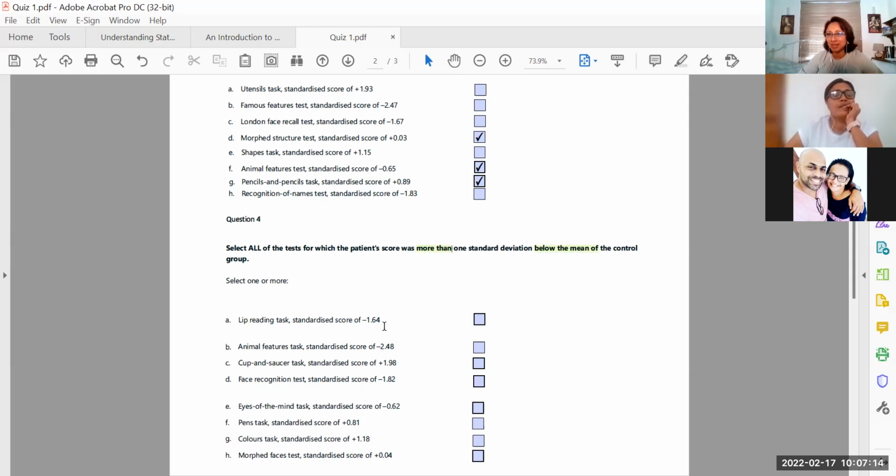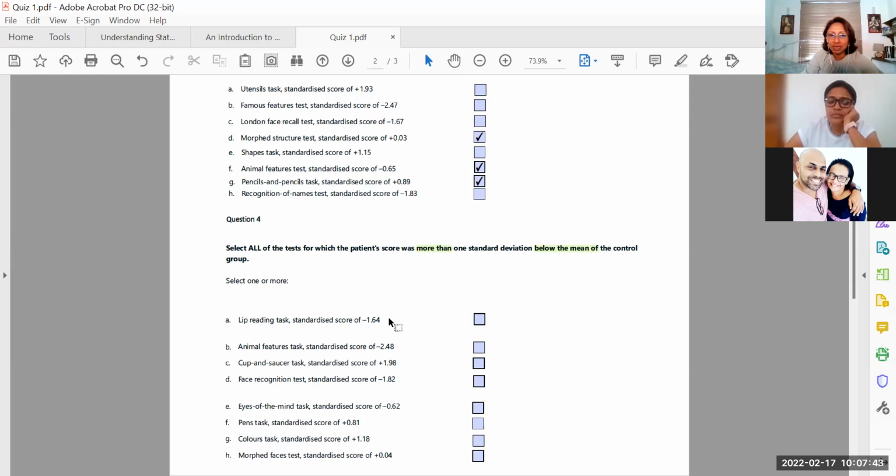None of the pluses are going to come here because we are looking for below the mean. So no pluses, that's for sure. More than one standard deviation means it can't be 0.0 something, it has to be 1 point something and up. So it has to be all minus figures.